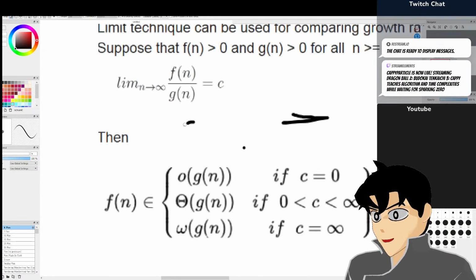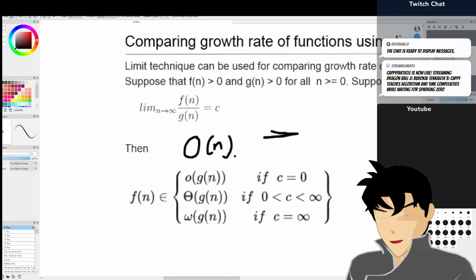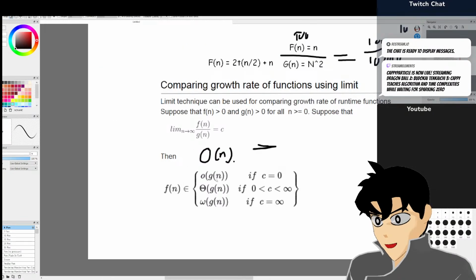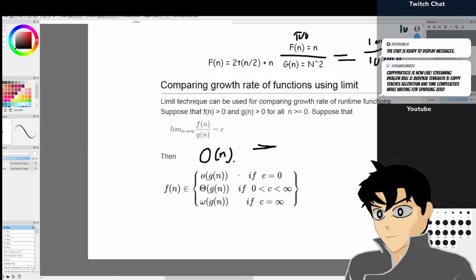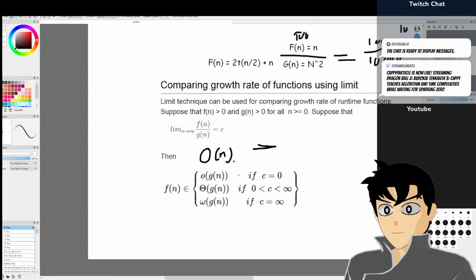So what we've been teaching was big O. Okay, this is little o. So little o is, let me try to think of it.